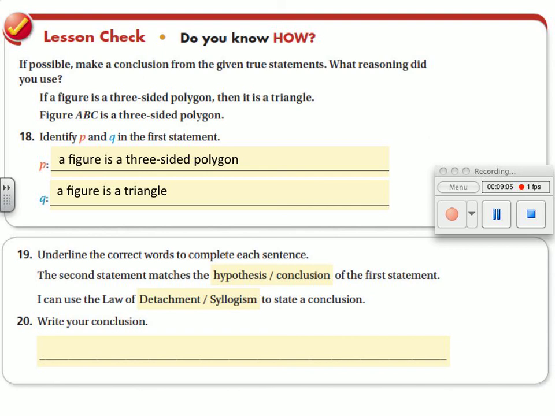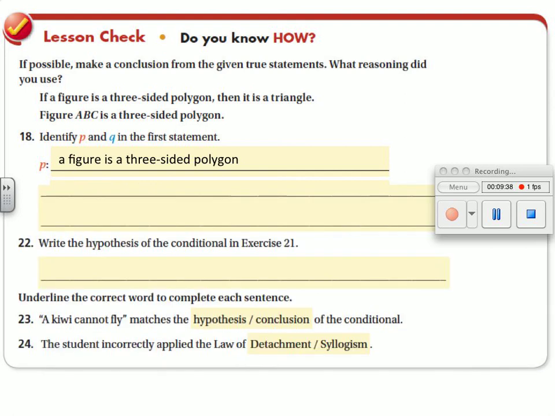The second statement matches the hypothesis of the first statement. I can use the law of detachment to state a conclusion. What is the conclusion going to be? If a figure is a 3-sided polygon, then it is a triangle. Figure ABC is a 3-sided polygon, so figure ABC is a triangle.